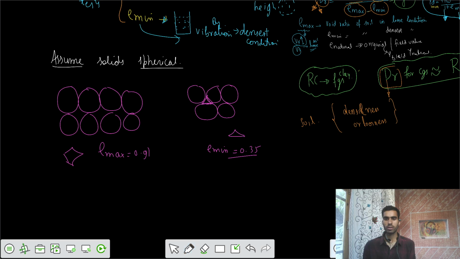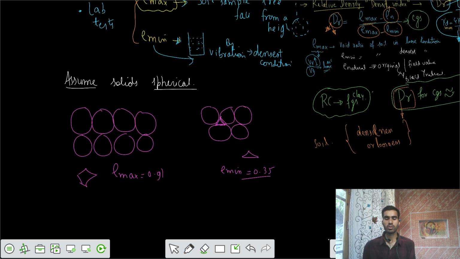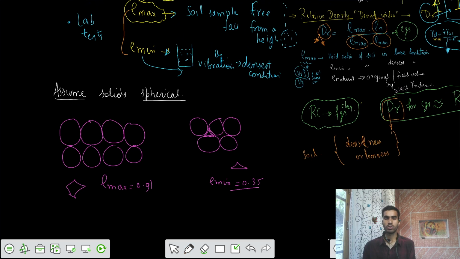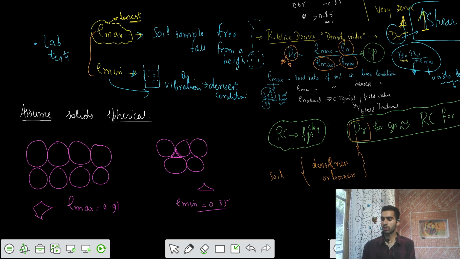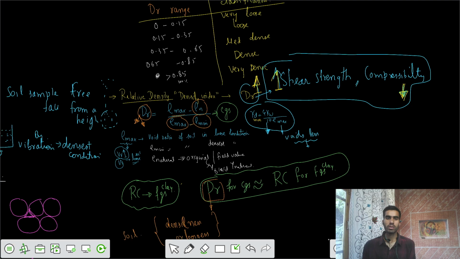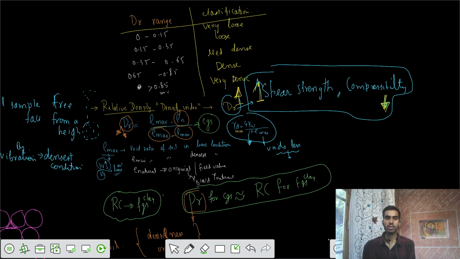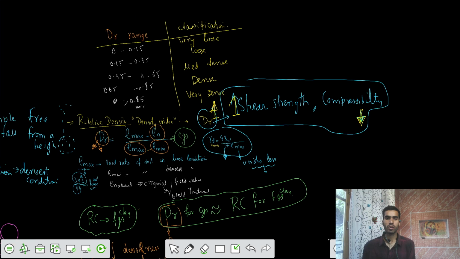So these are the two different values if you assume that the solids of the soil are spherical. So we got this part also. Now we can convert this equation in terms of gamma.